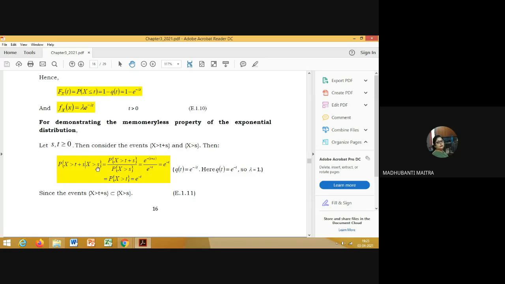So from this, it's clear that the event X greater than t plus s is a subset of the event X greater than s. So this is the condition. Have you understood this? Yes, ma'am.